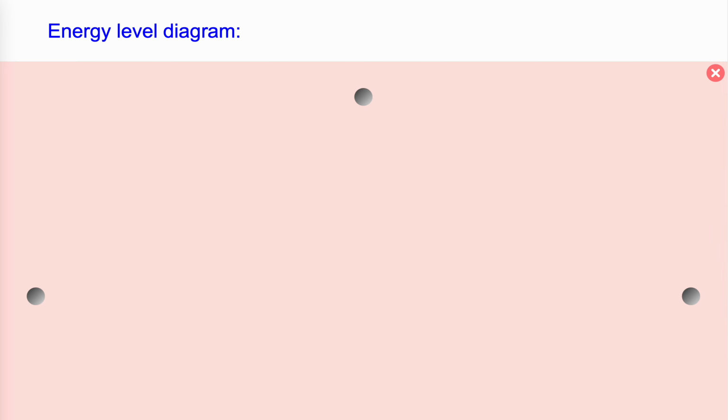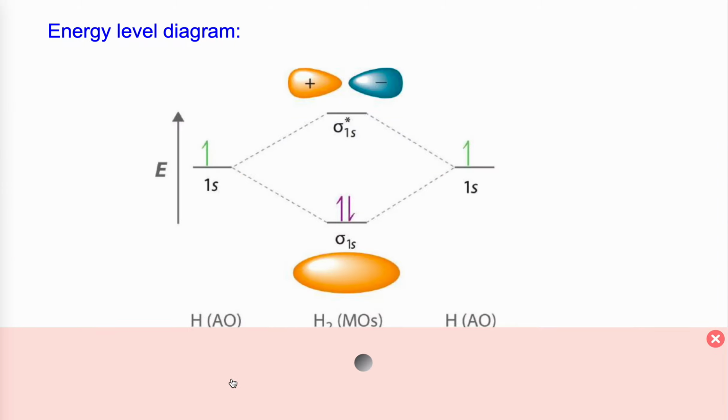Now, we can represent that with an energy level diagram, and this is what it looks like. On the outside, we have the 1s atomic orbitals of the separate uncombined hydrogen atoms, each of which contains a single electron. When we combine the 2 1s orbitals in a positive and negative way, we come up with the 2 molecular orbitals, the sigma 1s bonding molecular orbital and the sigma star 1s antibonding molecular orbital.